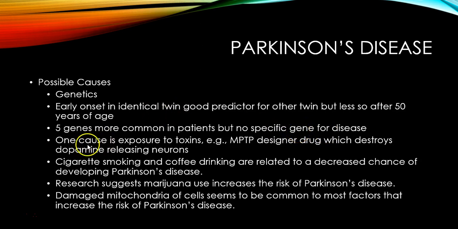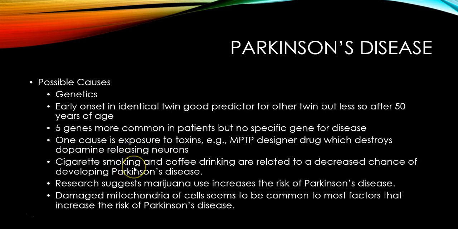Another possible cause of Parkinson's is exposure to toxins. And there's a movie that you'll be watching this week about this designer drug, MPTP, which seems to destroy dopamine releasing neurons and leads to a Parkinsonian-like syndrome.